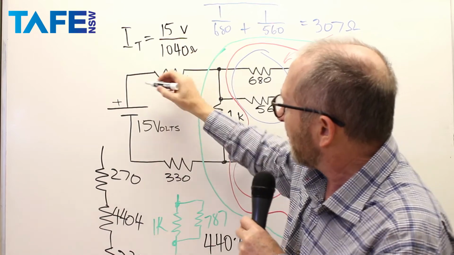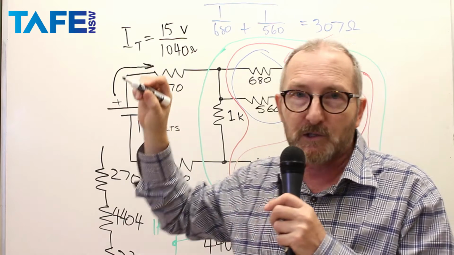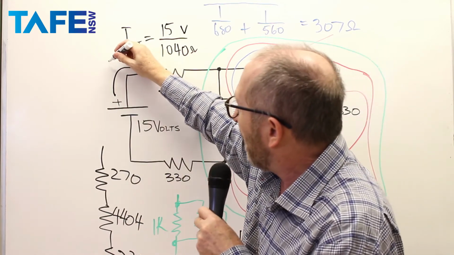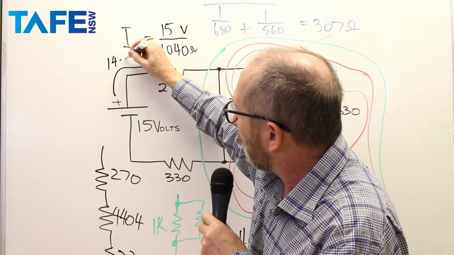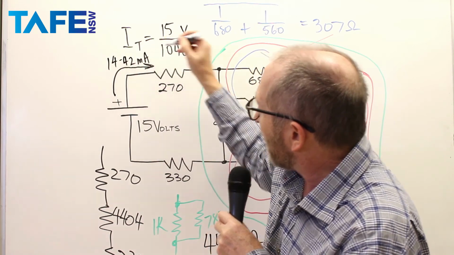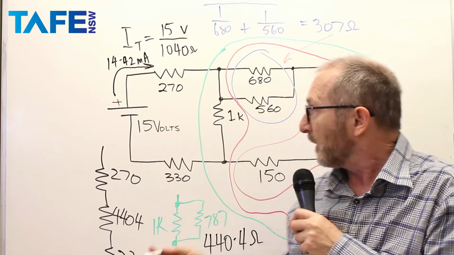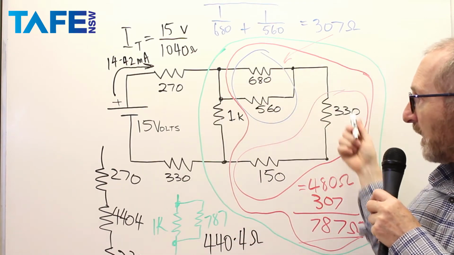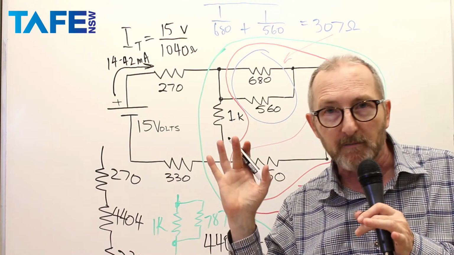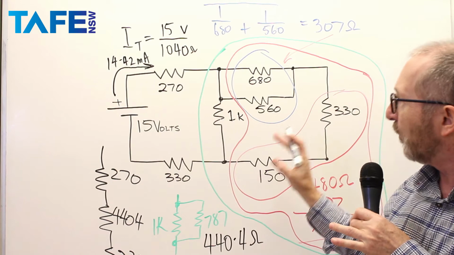And of course, that allows me to draw my main circuit current on there at 14.42 milliamps. Then in the first part of our lab, we're just going to construct this circuit, and then prove that all of our coloured looping here works.